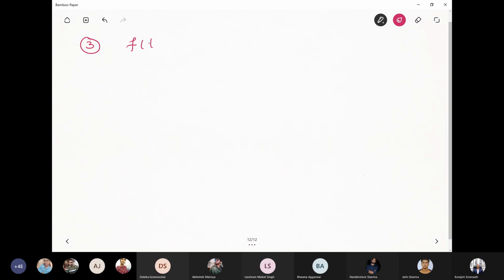Say if I take f(x) equals mod x. In this case, if I write mod f(x) minus f(y), this is going to be mod x minus mod y.